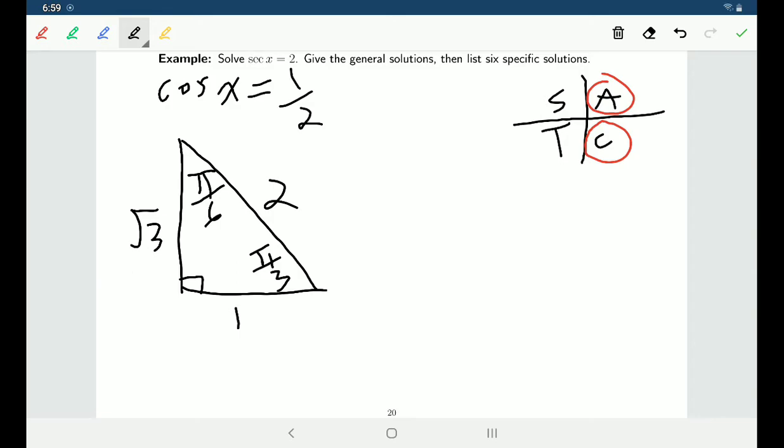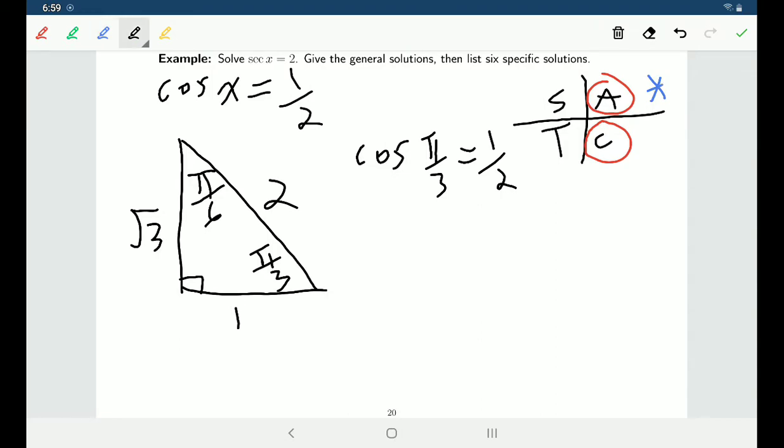And if we're using this special triangle, we can see that cos of pi over 3, that would be adjacent over hypotenuse, that would be a half. Now, we've found cos of pi over 3 is a half, and that would be the angle in quadrant 1 that we were looking for.